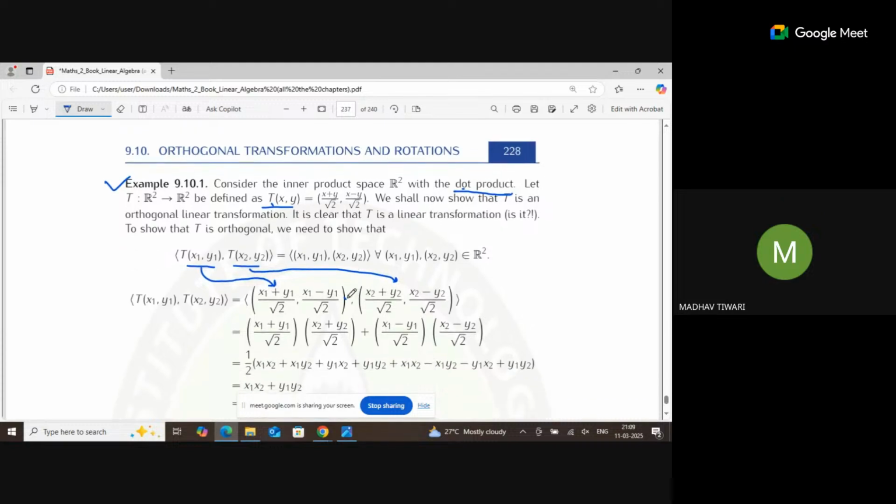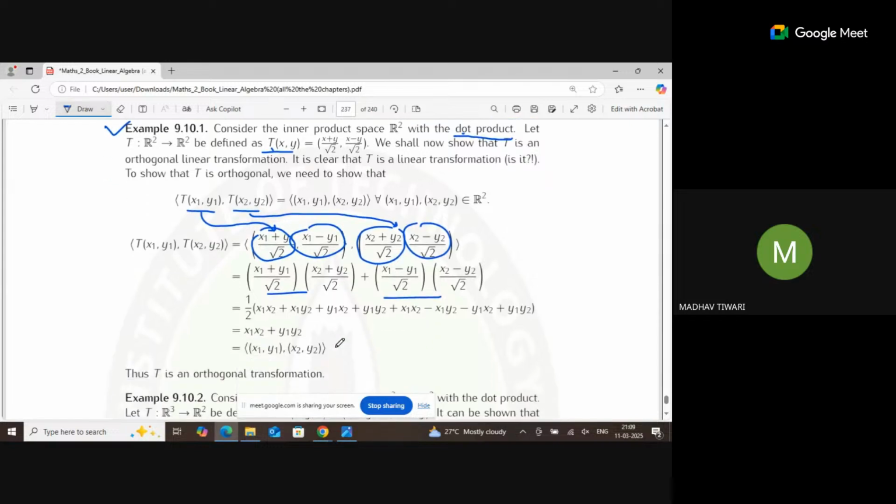So if I do the dot product here, (x1 plus y1) divided by root 2 is multiplied with this part, and the next one with this one. After doing the product, I got this part.